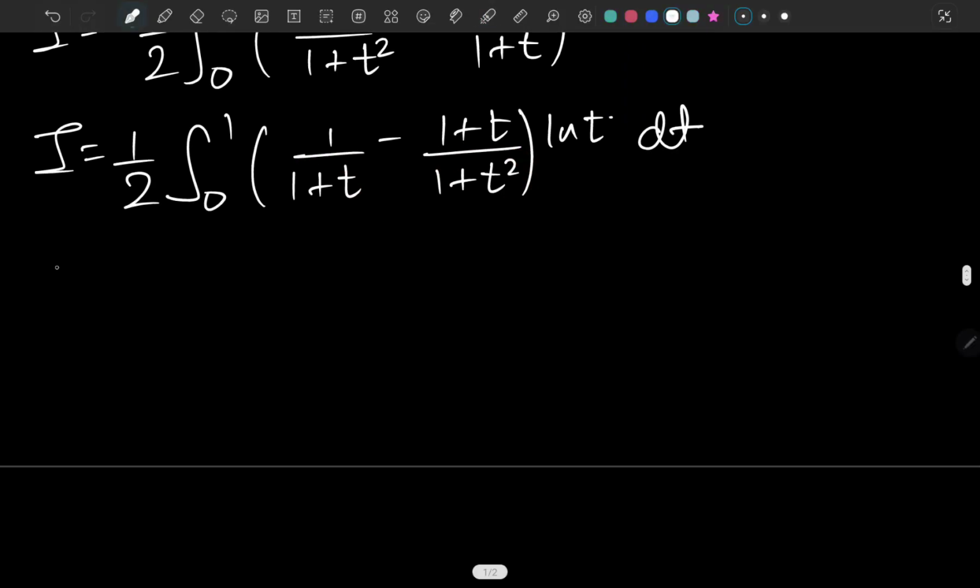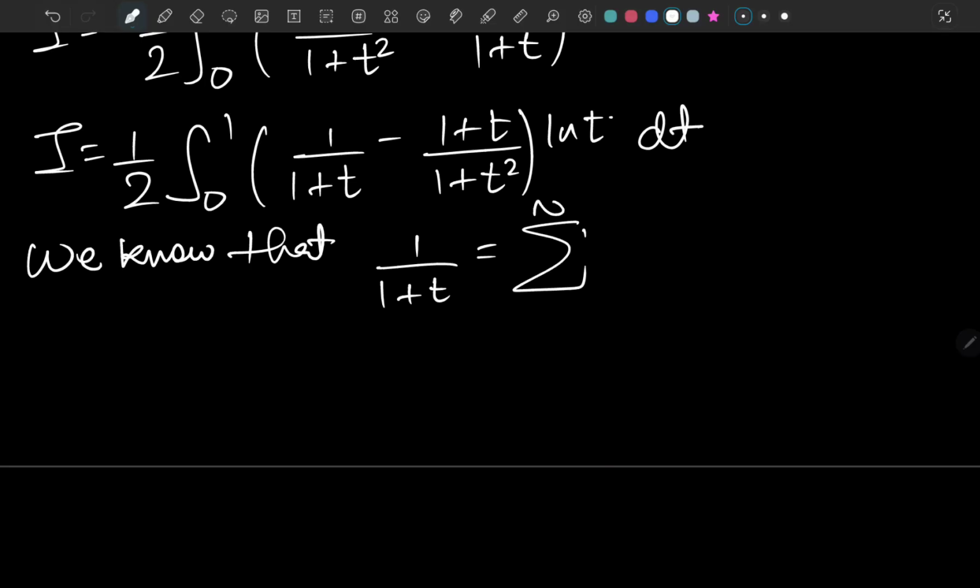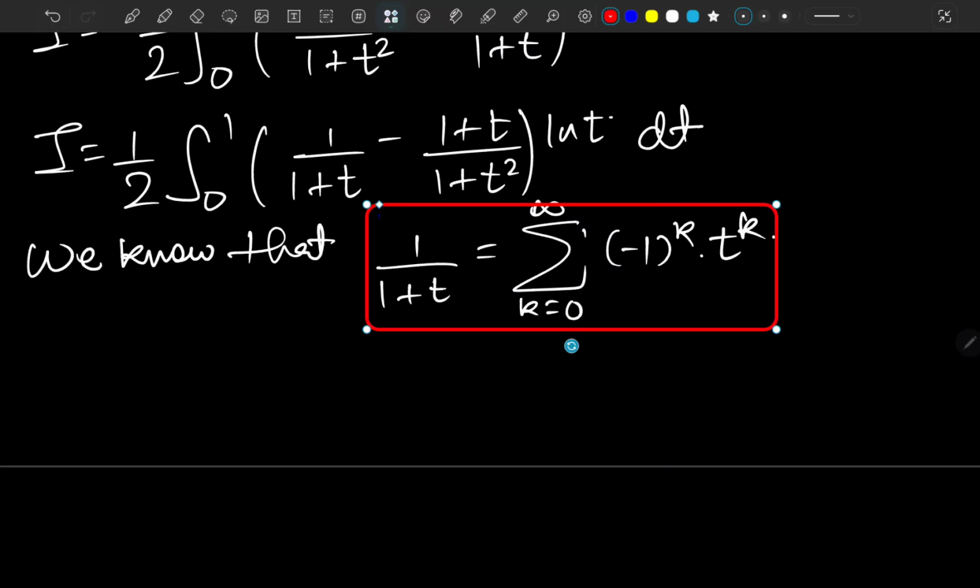So basically we know that 1 over 1 plus t is the sum as k goes from 0 to infinity of negative 1 to the k times t to the k. It's an infinite geometric series, right? And you need to care about this.